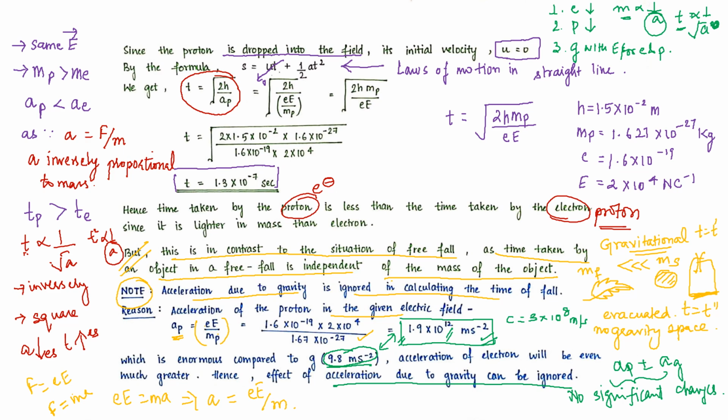And when we dealt with gravity, the gravitational force on earth is extremely small when we compare it with the acceleration of a proton or electron in the given electric field. Hence, we do not introduce acceleration due to gravity whenever we are doing calculation for an electron or proton in a given electric field. Hope you got the idea how we solve this question and you have understood it.